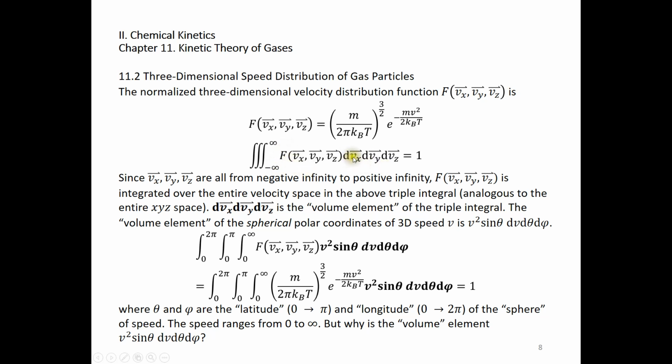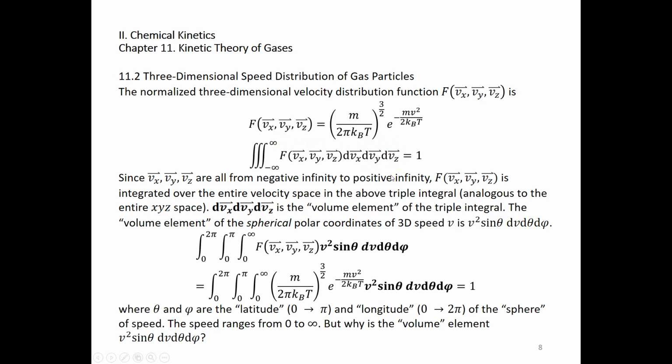And we call this dvx, dvy, dvz the volume element of this triple integral. So really this dvx will be integrated from negative infinity to positive infinity. So will this dvy and dvz.